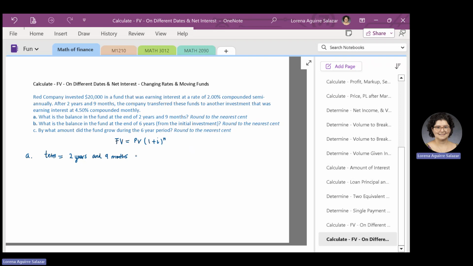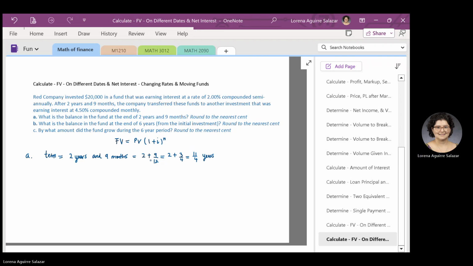So here we take those 9 months and we convert them into years by dividing by 12. So we have 2 plus 3 divided by 4, or same thing, 11 over 4 years. That's the term.